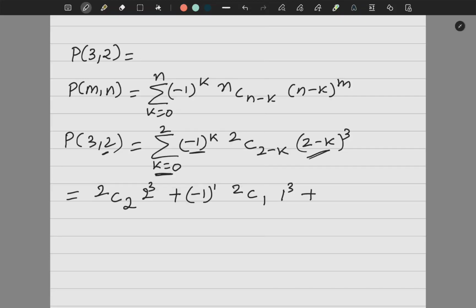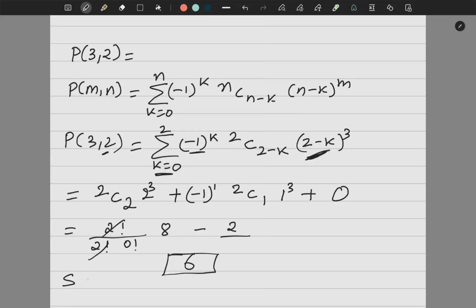See, when I put k equals 2, this term will make everything 0. Correct? Now what is 2C2? You can directly use the calculator, or this is our basic formula. It is 1 into 8, minus 2C1, which is 2 factorial upon 1 factorial into 1 factorial. This cancels. 8 minus 2 is 6. So my answer is 6. Now this is the value of P(3, 2).